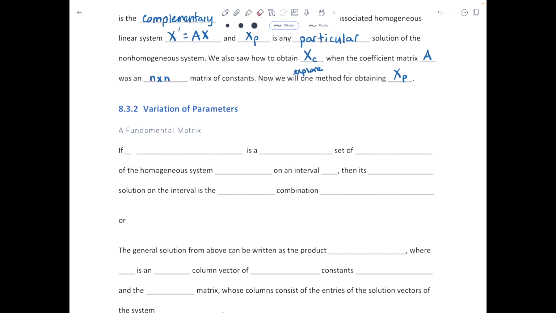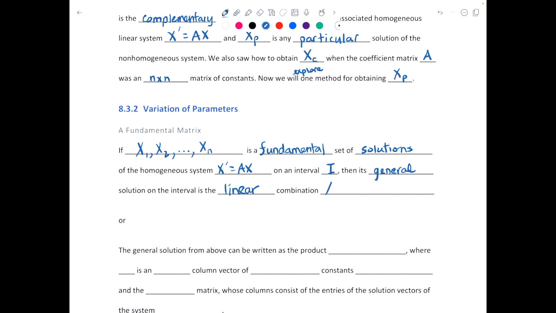So if x1, x2 all the way down to xn is a fundamental set of solutions of the homogeneous system, x prime equals A times x on an interval I, then its general solution on the interval is the linear combination x equals c1 x1 plus c2 x2 all the way down to adding cn xn.